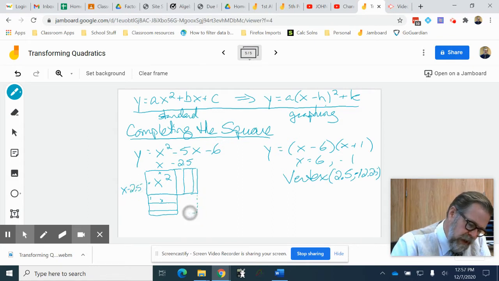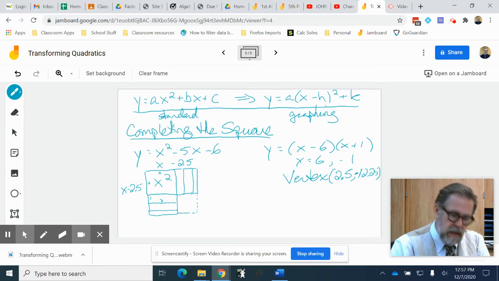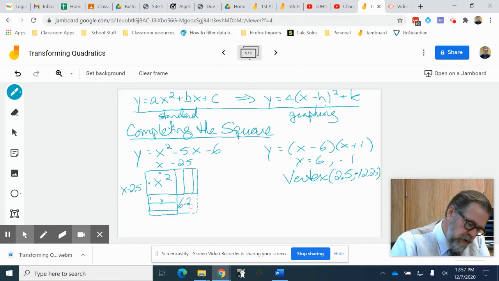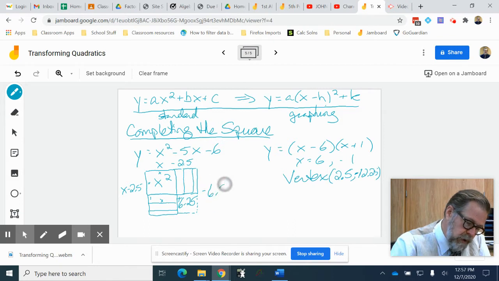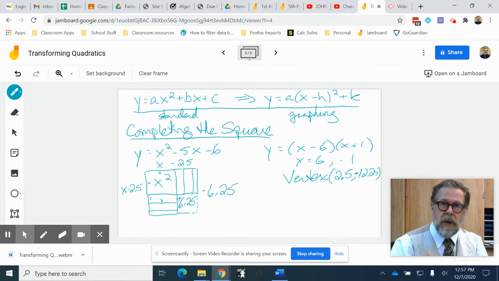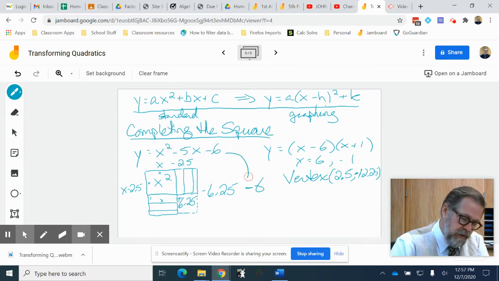If I fill in this corner, I will get a square. Well, when I fill in this corner, 2.5 times 2.5 is 6.25. So I'm just going to add in 6.25 in order to fill that corner. And then I'm going to subtract 6.25 to balance out what I added. I've now added and subtracted the same amount to this diagram. And I had a minus 6 over there, which I just bring down and write off to the side.